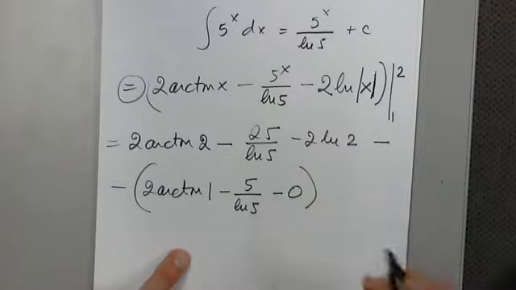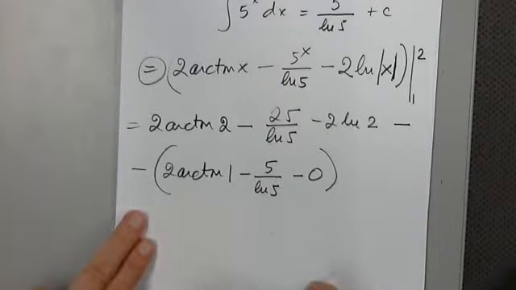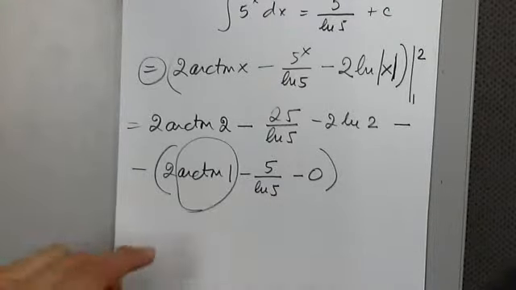Only one I can calculate here, which is this. The rest I can't, unless I approximate them. I know an angle whose tangent is 1. If tangent is 1, its sine and cosine must be the same. Which angle is that? Exactly.